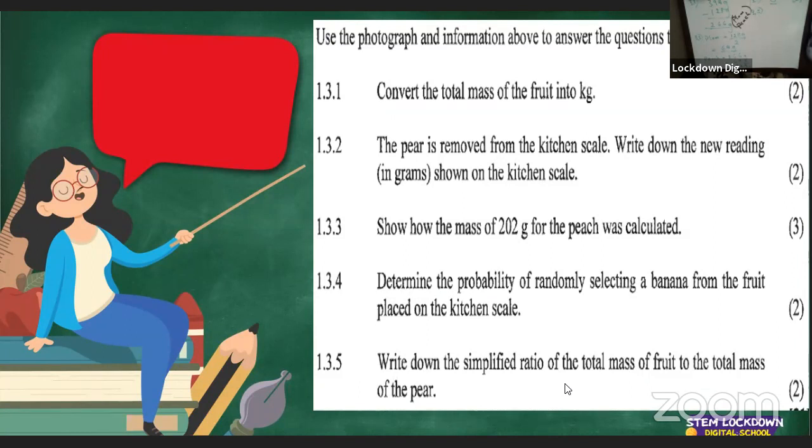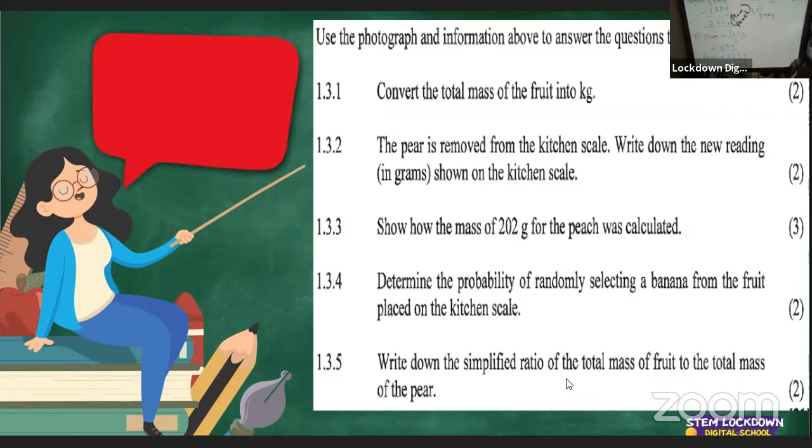So we have the total mass of the fruit. What is the total mass of the fruit? The total mass of the fruit, guys, is 394 grams. Then the total mass of the peel, we have it here.